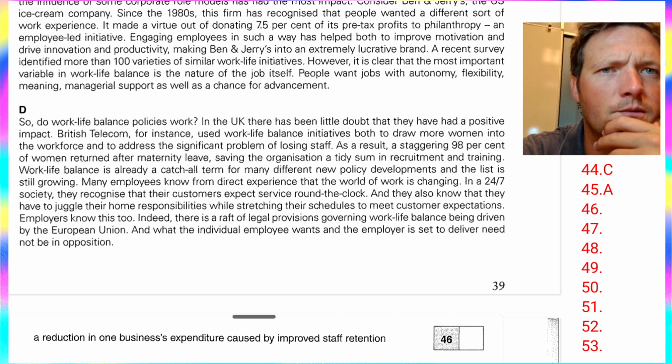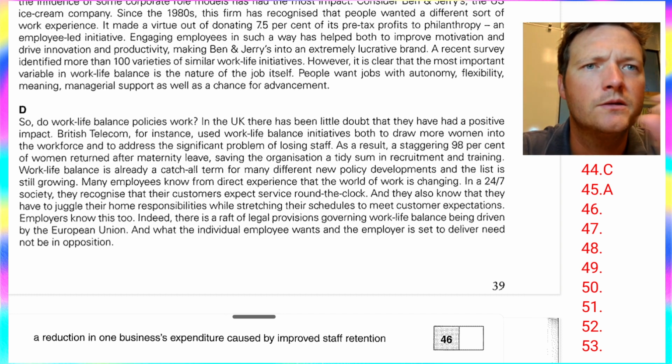As a result, a staggering 98% of women returned after maternity leave.